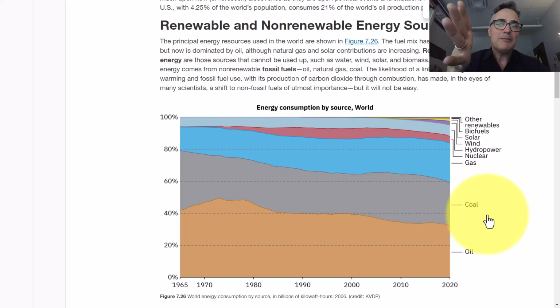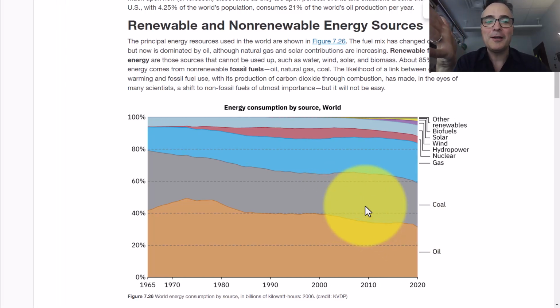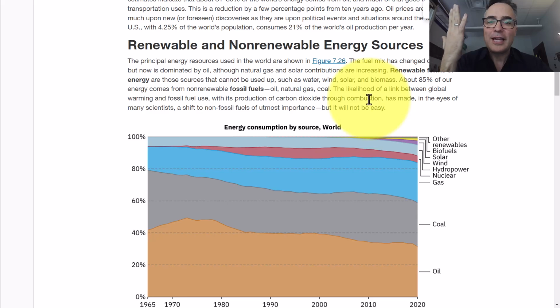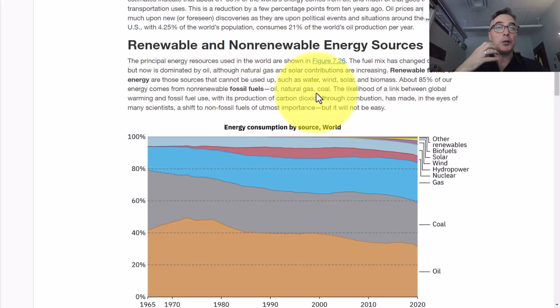But let me tell you, the most important thing about this is that there are two ways of creating energy. You can use fossil fuels: oil, natural gas, and coal. This produces pollution in the air, which then can change the Earth's climate. That's bad. For example, carbon dioxide in the Earth's atmosphere traps infrared rays and changes our climate.